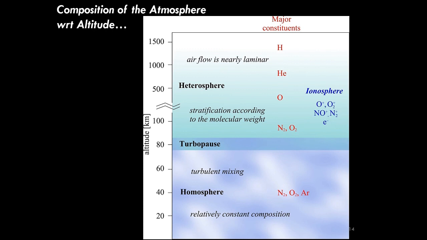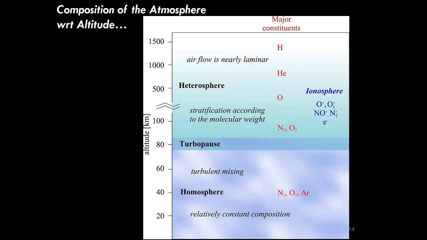We have the major components of air: oxygen, nitrogen, argon, and water vapor as well. The composition is relatively constant all throughout the homosphere. As you go up in altitude, you approach the transition region, which is the turbopause.